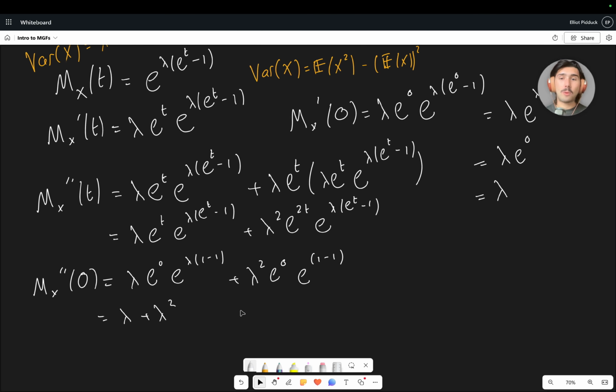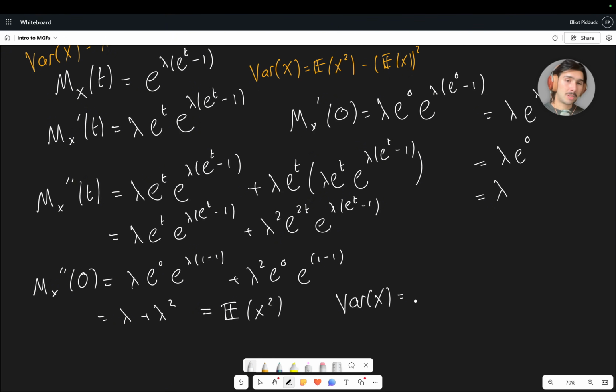Cool. Now remember, that's telling us that this is the expected value of x squared. So it's not equal to the variance. This is the expected value of x squared. So now to get the variance, if we want to do that using our moment generating function, we can remind ourselves again, it's at the top, it's the expected value of x squared minus the expected value of x, squared.